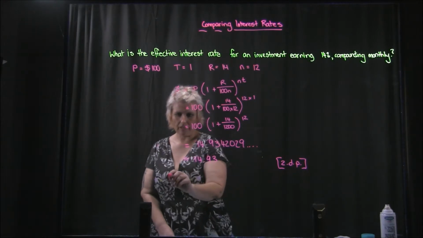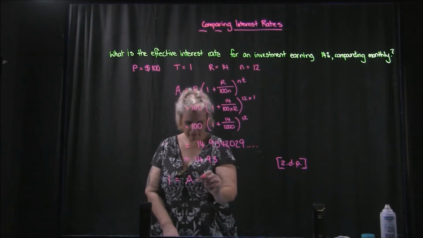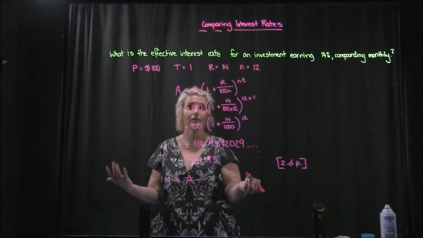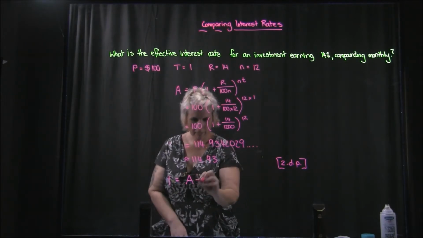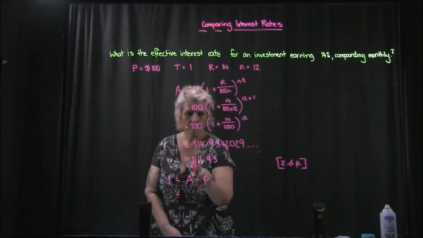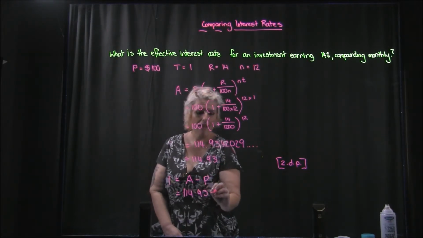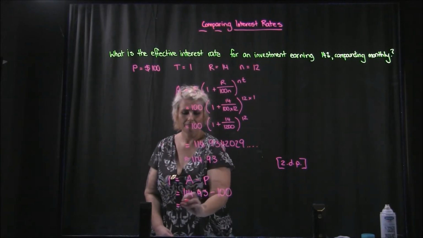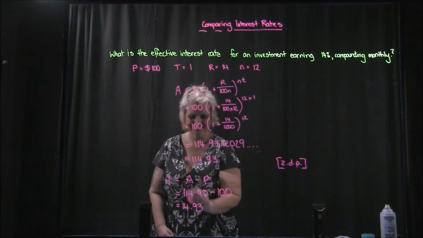So that 114.93 is my amount. Now if I take off my $100 principal, then I've got 14.93.